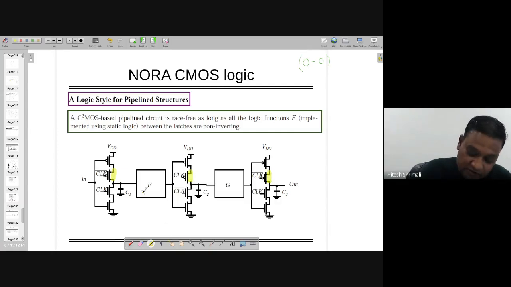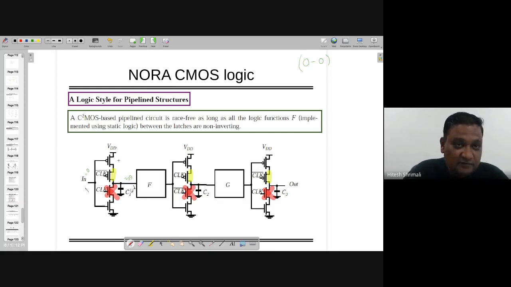You see, all these up transistors are going to be on and the other transistors are going to be off. Now things depend on the input. If input equal to 0, the output is VDD. If input equal to 1, output equal to ground. So it's an inverter, right? This is acting as an inverter only.